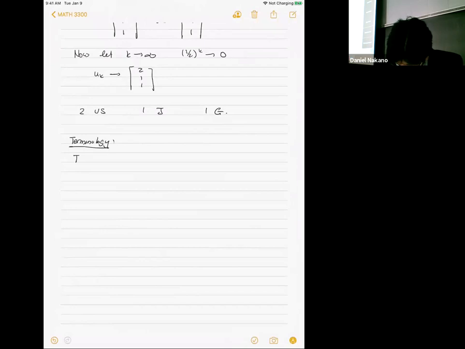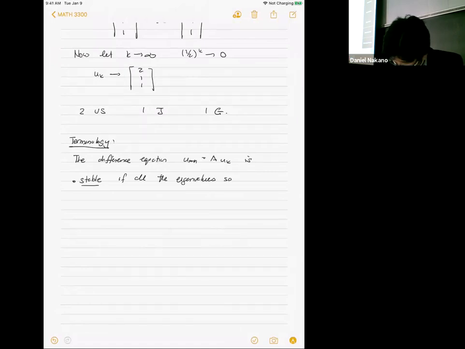The difference equation is called stable, okay, if all the eigenvalues satisfy that the absolute value of the eigenvalue is less than 1.